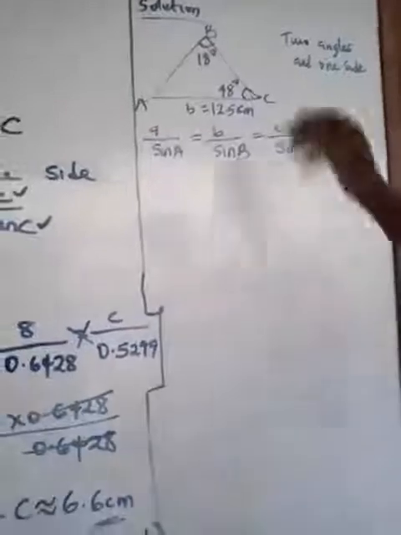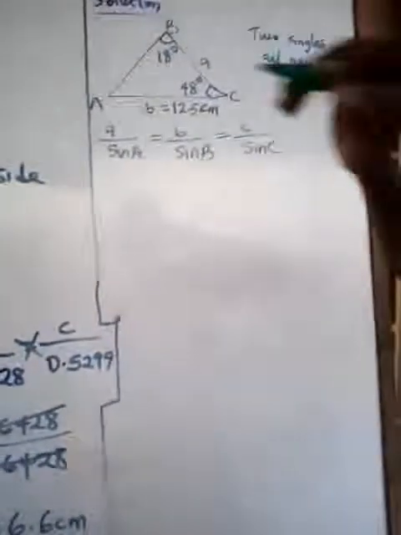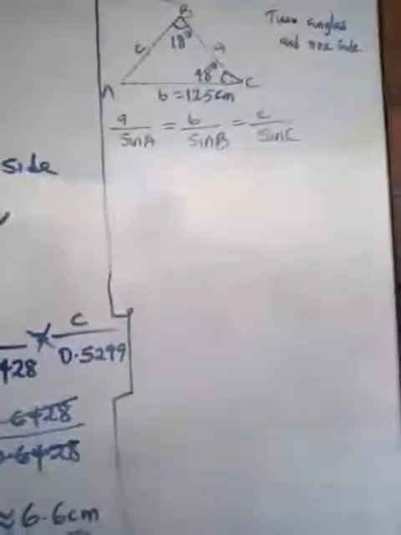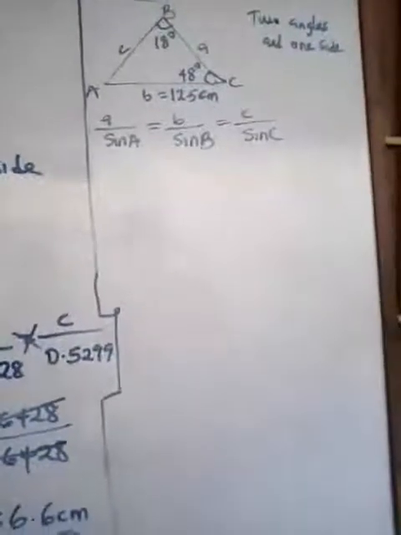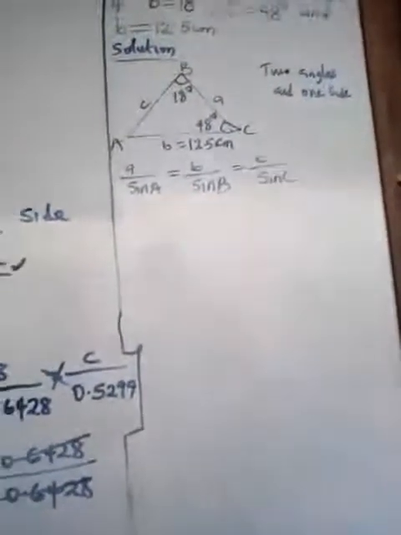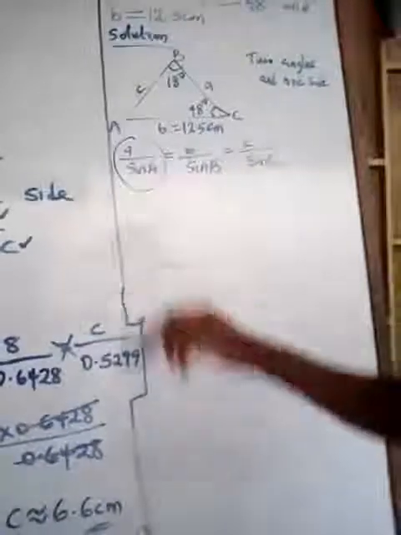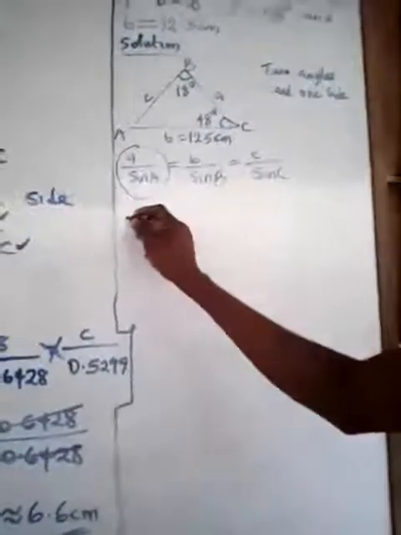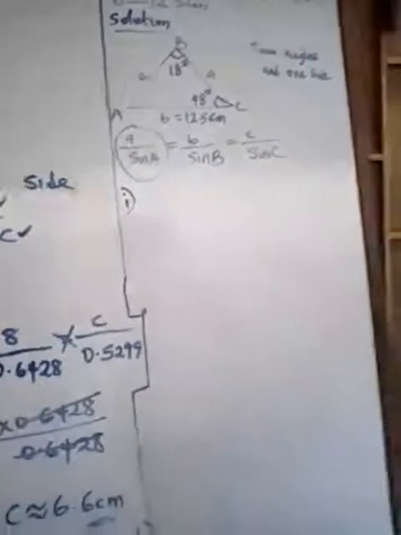So this is small letter a, this is small letter c. Now we don't know anything about these yet, so we should look for small letter c first.